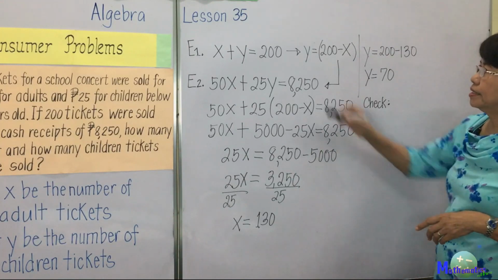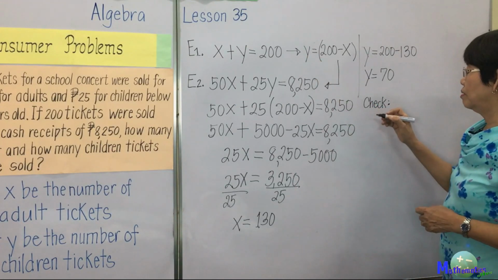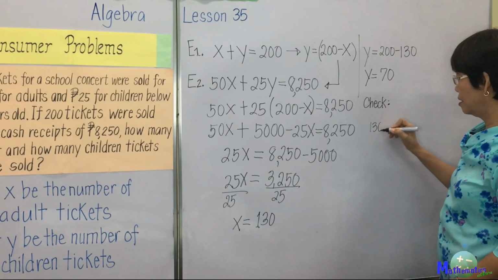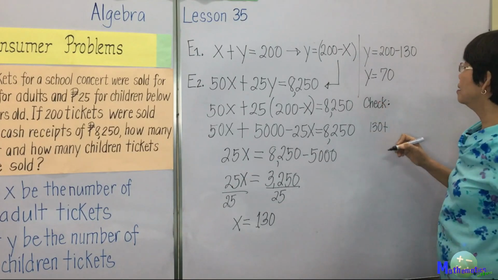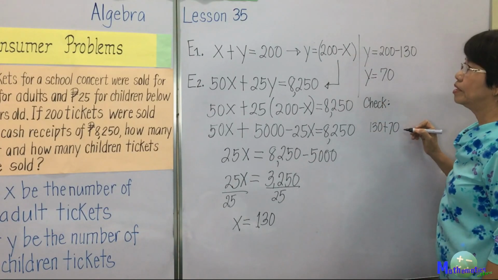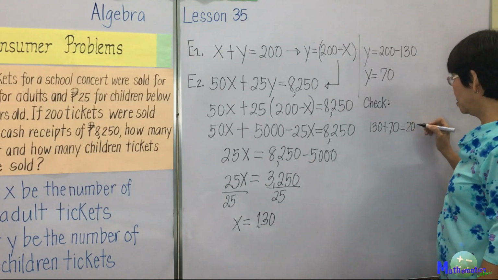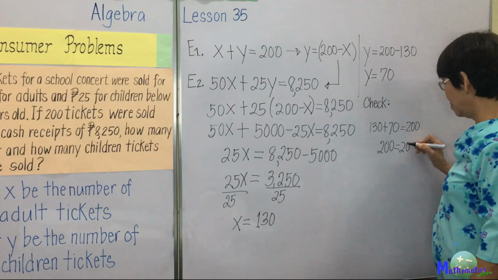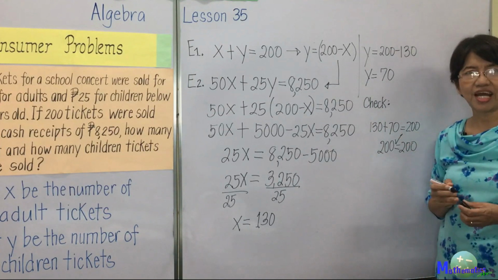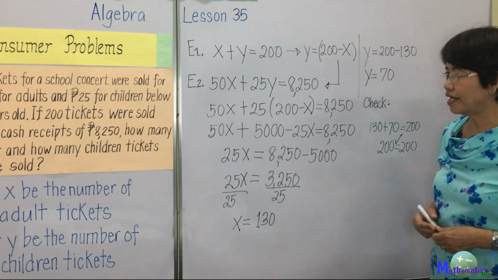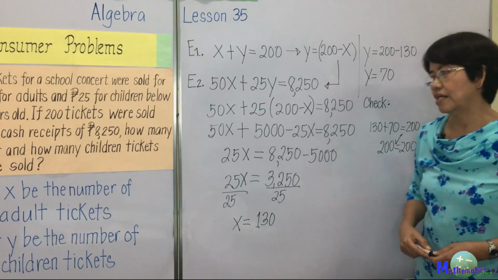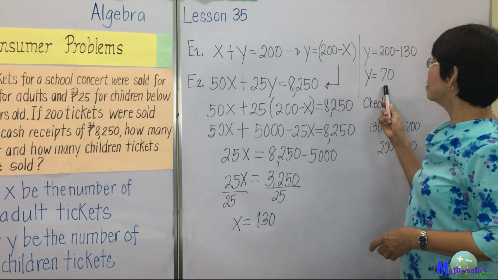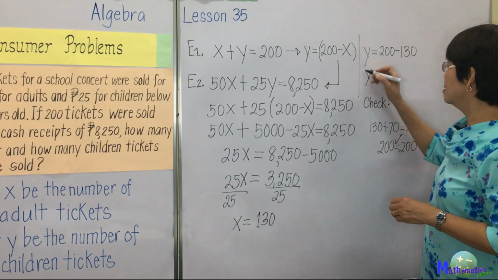We'll be using this equation. So x is 130 plus y is 70 equals 200. 200 equals 200. Check. So we got x, the number of adult tickets is 130, and the number of children tickets is 70.